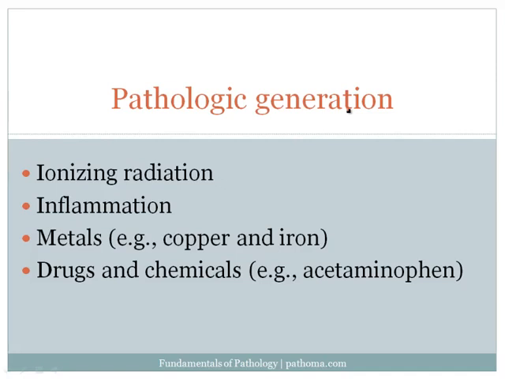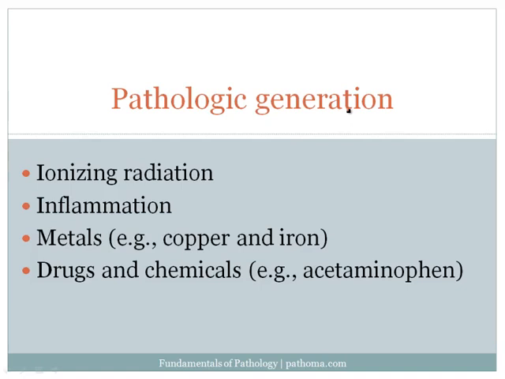So again, it's important to know, and examiners love to ask you, what's the underlying mechanism of damage in hemochromatosis, or what's the underlying mechanism of damage in Wilson's disease? In both cases, it's the pathologic generation of free radicals that results in the tissue damage that then produces clinical symptoms.